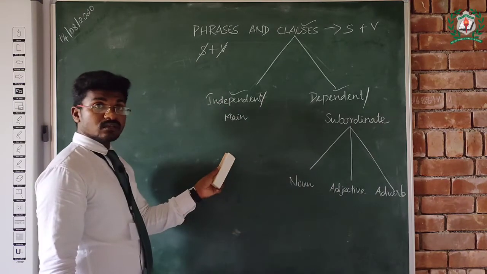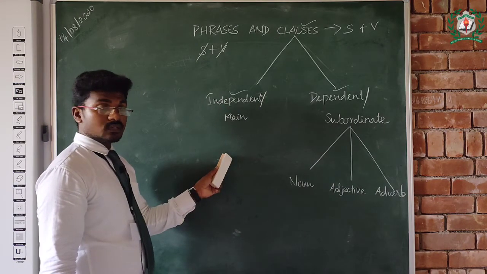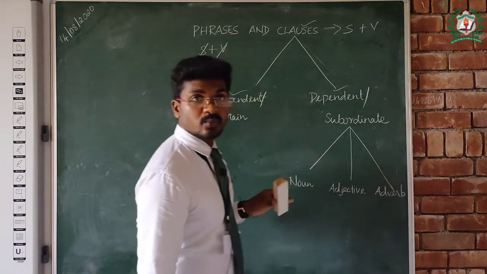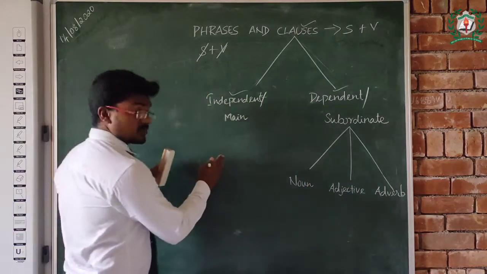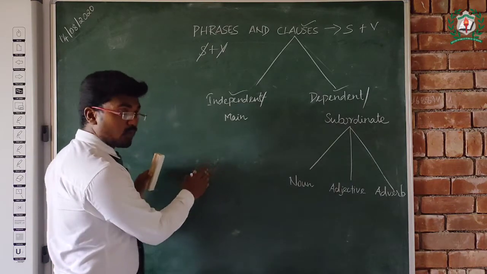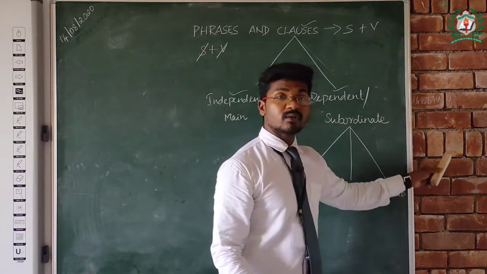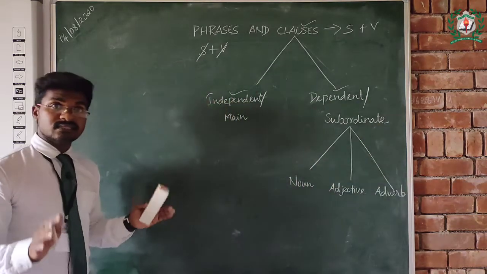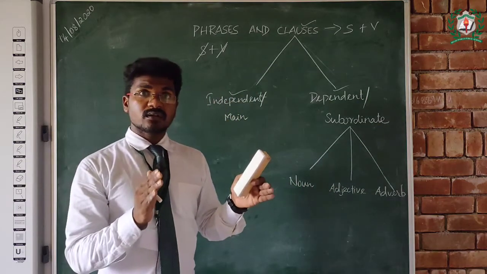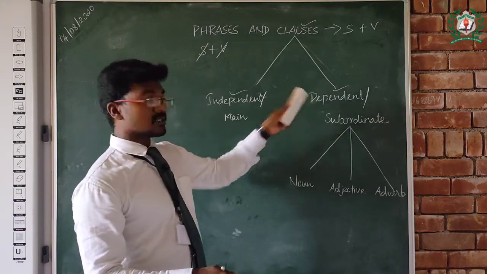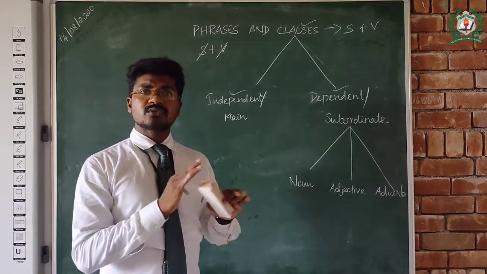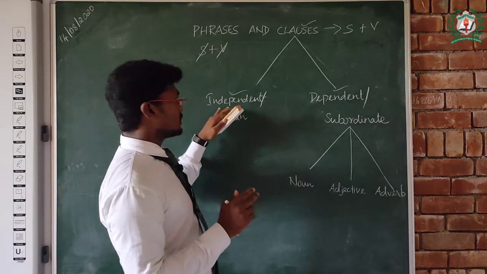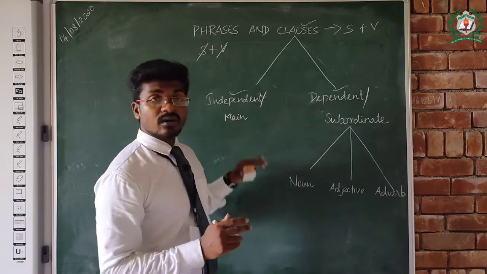But the board needs the support of the wall, so it is fixed with the wall. Board is dependent on the wall, but wall is not dependent on the board. In the same way, there are sentences which depend on others. It is said to be a dependent sentence. The sentence which does not depend on others, which gives the full meaning, is said to be an independent or main clause.